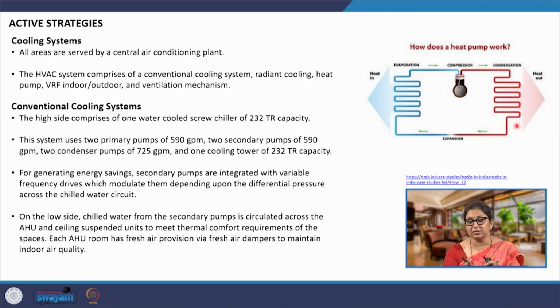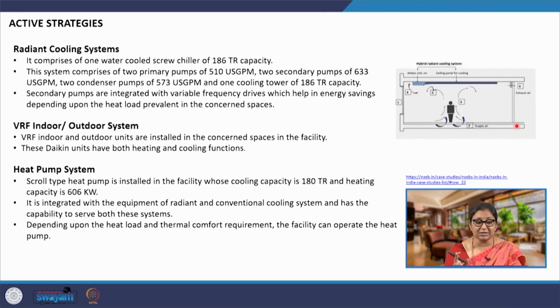Together, this is a highly efficient HVAC system, the cooling system, which has been installed. So, first designing the building correctly and then adding the active strategies. We are talking about radiant cooling systems. All these strategies we have discussed, heat pump, VRF and radiant cooling, are highly efficient strategies for mechanical systems.